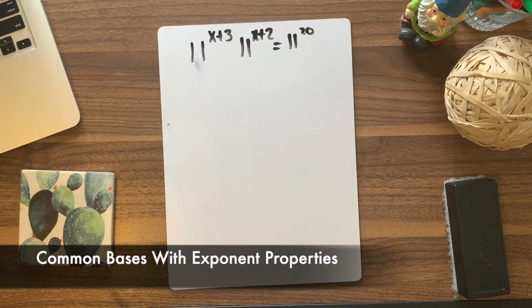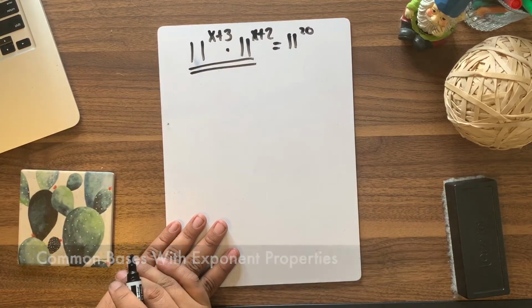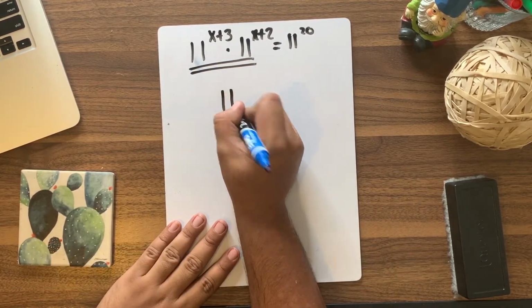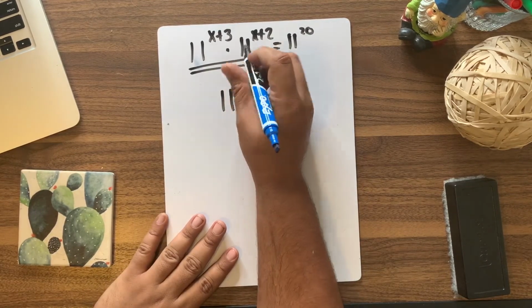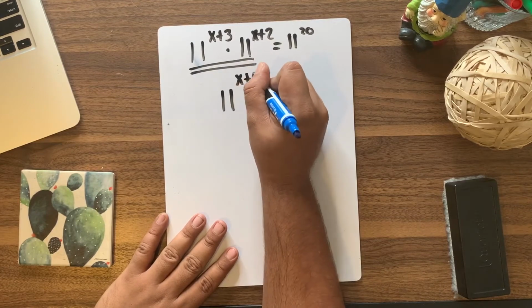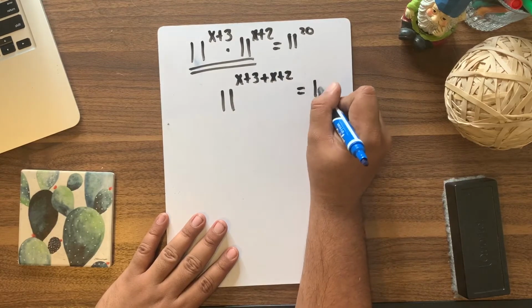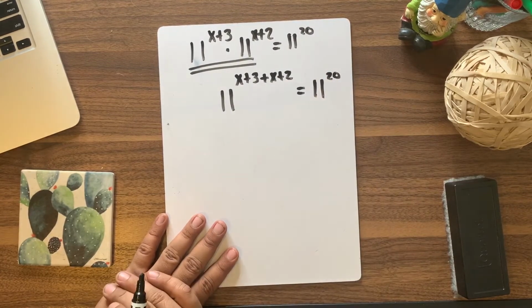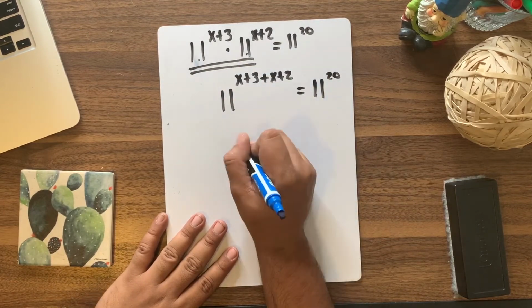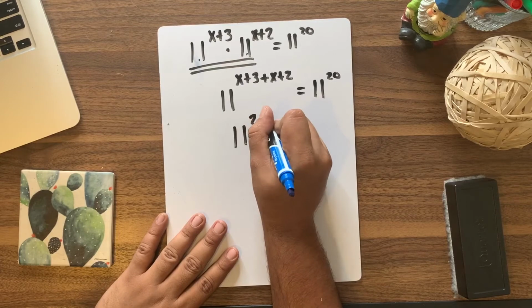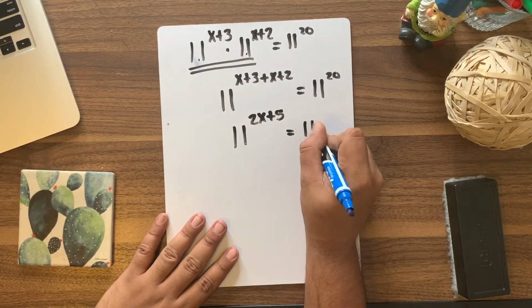Now we do have common bases. This is still multiplication right here, so we do need to condense it. Write 1 base of 11, and we're going to add the powers. So it's going to be x plus 3 plus x plus 2 equals 11 to the 20. When you multiply like bases, the exponents add up. And in this case, this is 2x plus 5, and this is 11 to the 20.